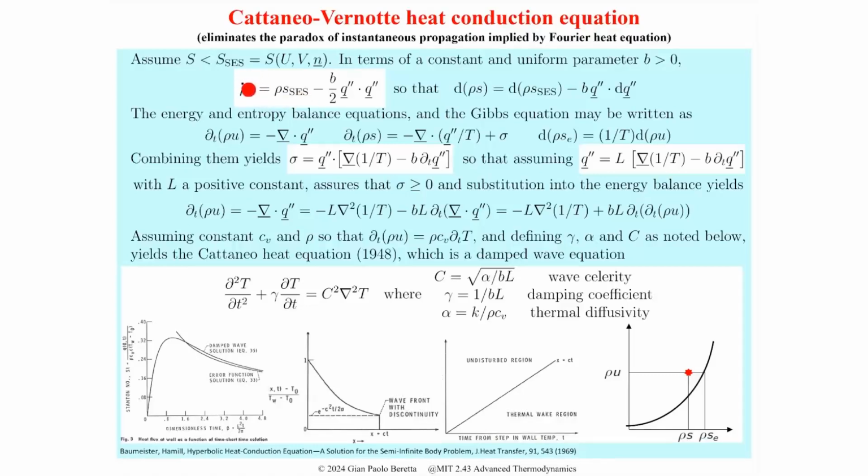So if I take the differential of this one, it gives me the differential of the equilibrium state plus the differential of that, which is, so the 2 goes away, B times Q dot dQ plus dQ dot Q, so it's twice Q dot dQ.